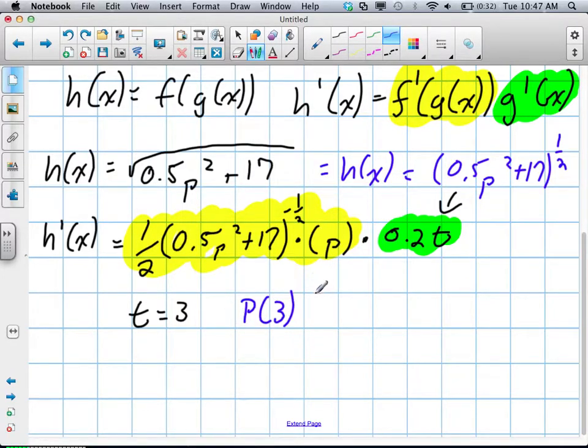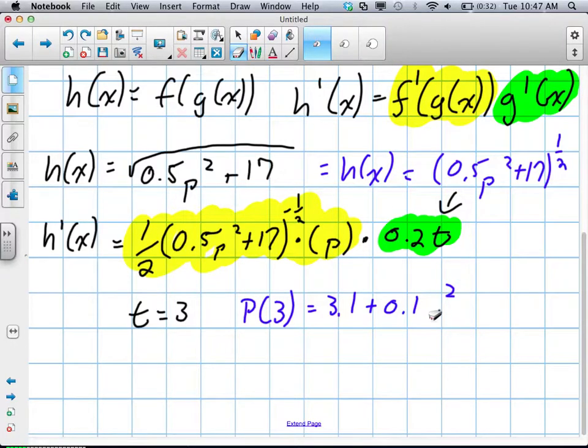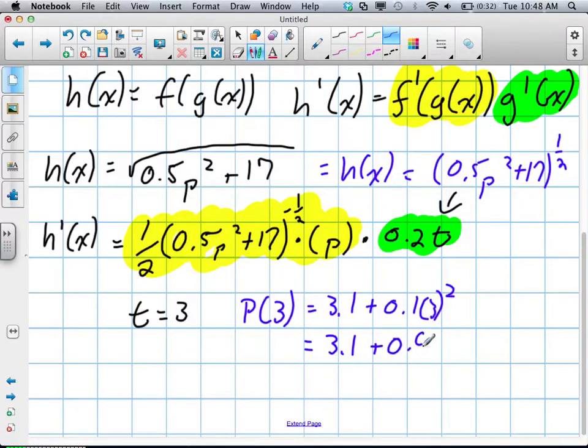Since t is 3, in the original equation p, which is 3.1 plus 0.1 t squared, instead of writing the t, we're going to write 3 squared. So our p value is then going to be 3.1 plus 0.9. That gives us 4. So if our t is equal to 3, the p in this equation will be equal to the number 4.